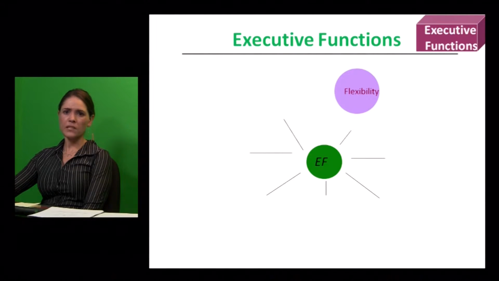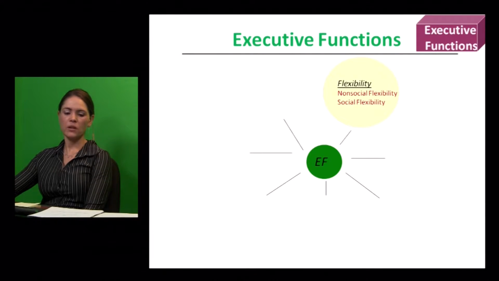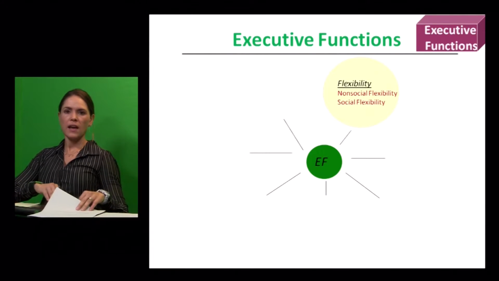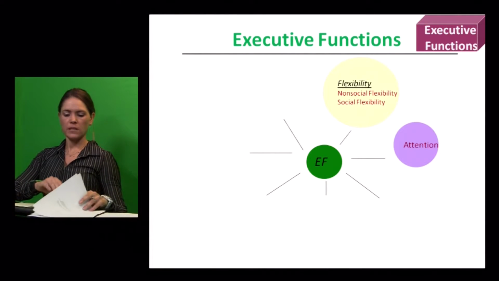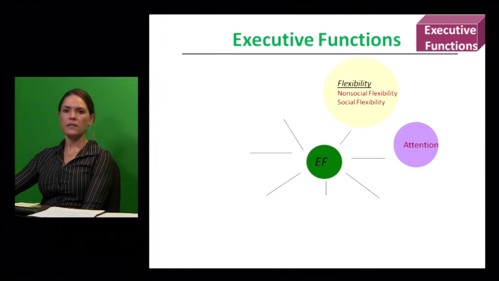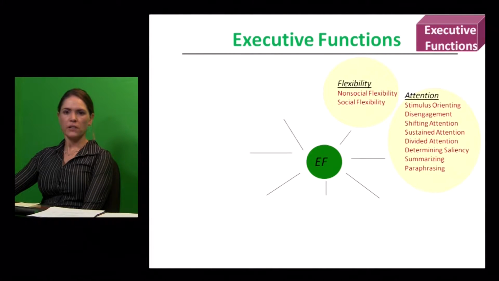So executive functions includes flexibility and whether or not the child is flexible, both in non-social as well as social situations. And we also want to make sure that the child is attending and that their attention skills are good.